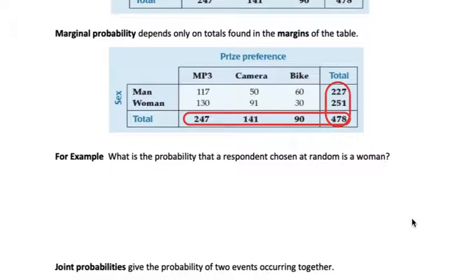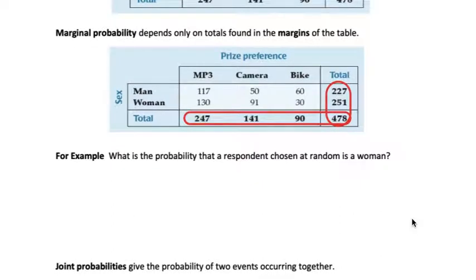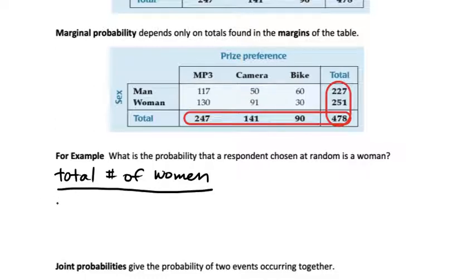So for example, what is the probability that a respondent chosen at random is a woman? So what I need to think about is I need to find the total number of women that responded and divide that by the total number of respondents.